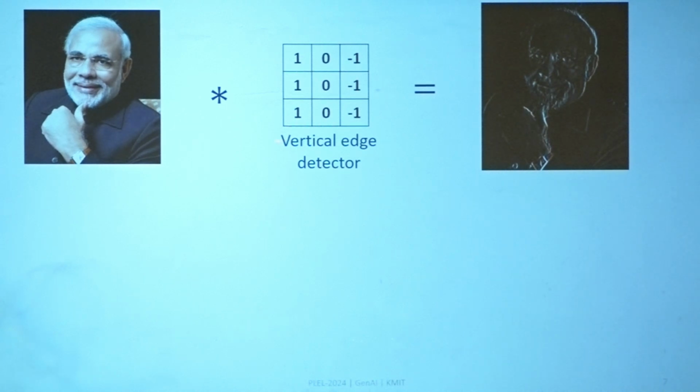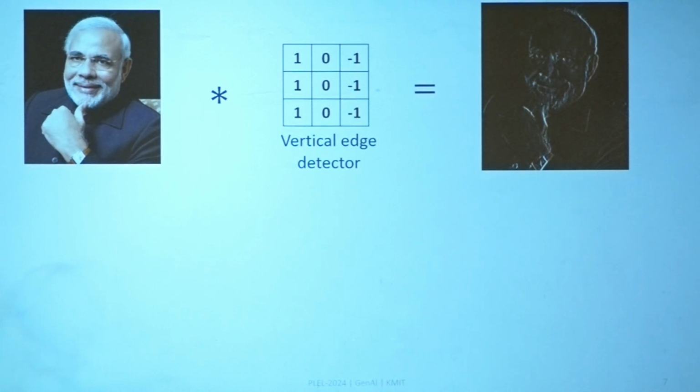I mean to say the lighter regions and the darker regions will be highlighted. The middle zeros will ignore the pixels vertically. So when you are crossing from left to right, from a lighter region to a darker region, when the pixel intensity is changing, a vertical boundary will get created.